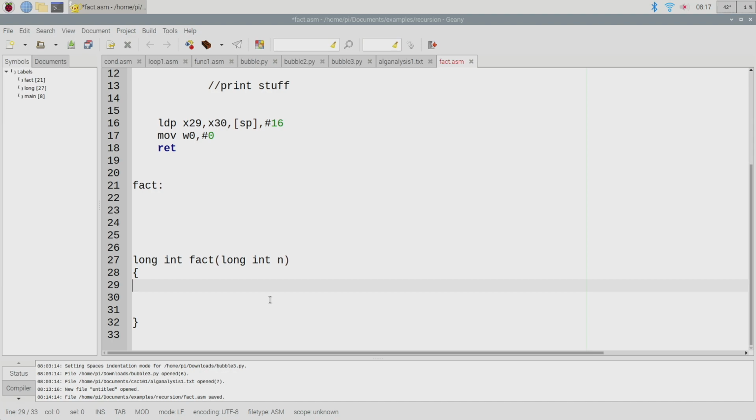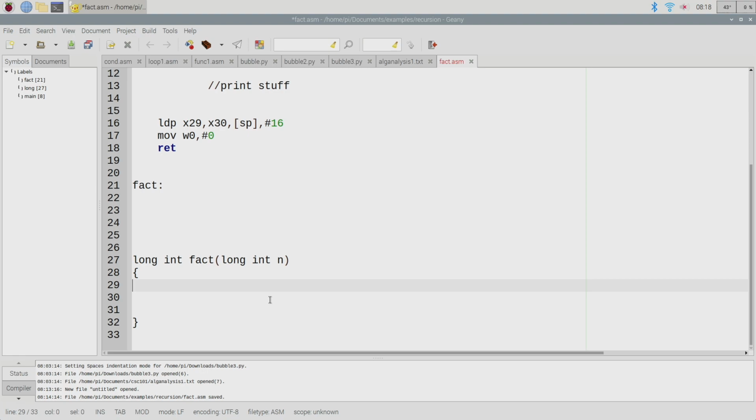And in the case of the factorial, what is the base case? Depends on how you want to look at it. What's 0 factorial defined to be? 1. What's 1 factorial defined to be? 1. So we'll just say if the input value is less than or equal to 1, we'll return 1. Otherwise, we'll do the recursion.